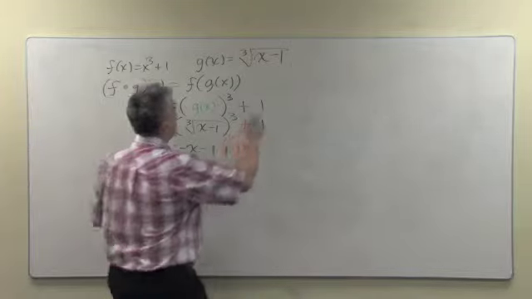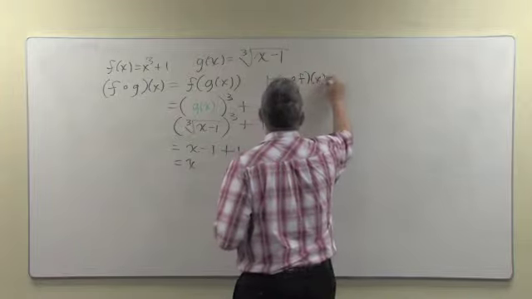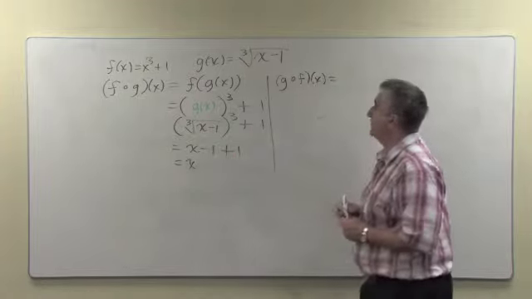Now let's go back and do the composition of g with f. So g circle f. What is that going to be?